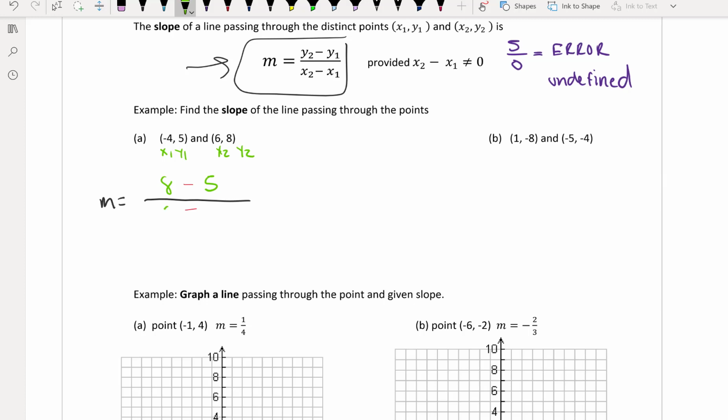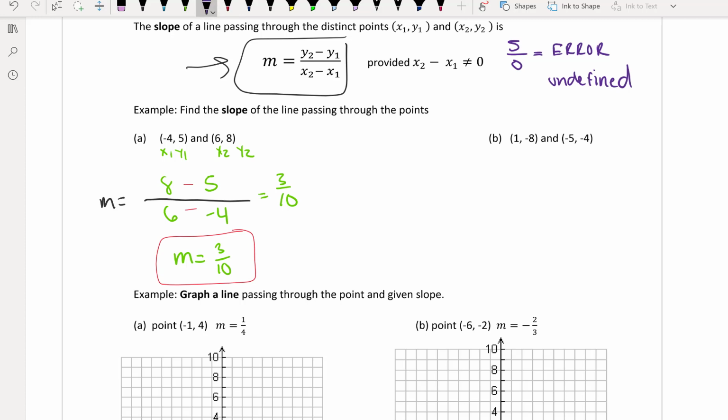My x2 value is 6 and my x1 value is a negative 4. So when I plug this into my calculator, 8 minus 5 over 6 minus my negative 4, I'm going to get a positive 3/10. So here, my slope is going to be a positive, let me write that a little bit nicer, 3 over 10. So that is going to be my final answer for part A.